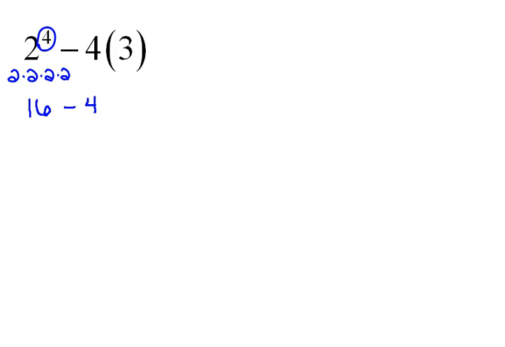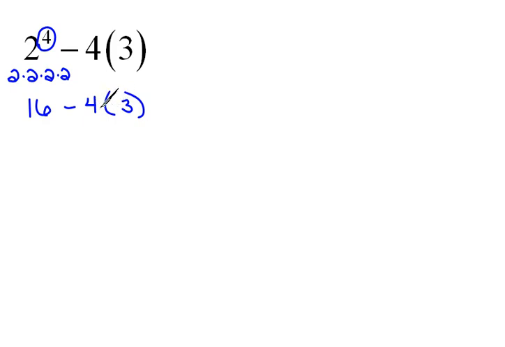Now I'm going to recopy everything else. This is another very good technique when you're working with several operations in the same problem. Do one thing at a time and always recopy the entire problem. Now the operations we have left here are subtraction, and then between the 4 and the 3 there's a multiplication.